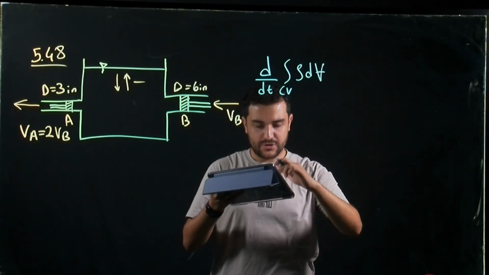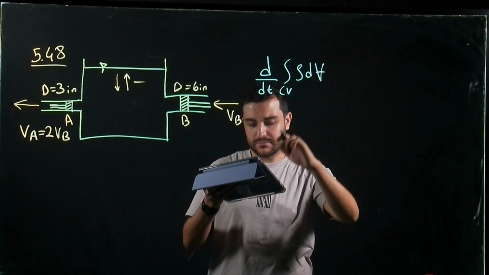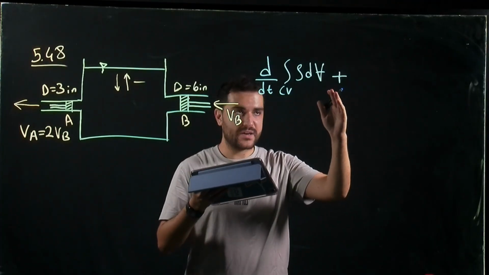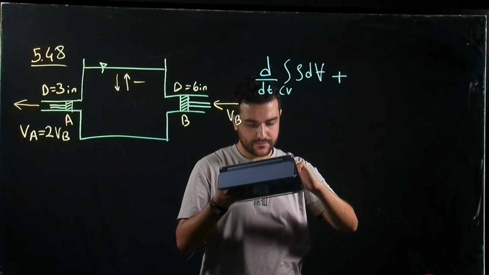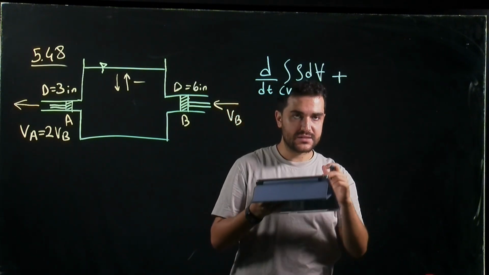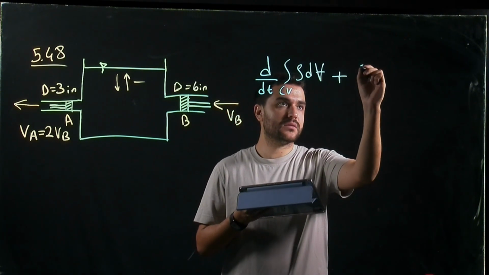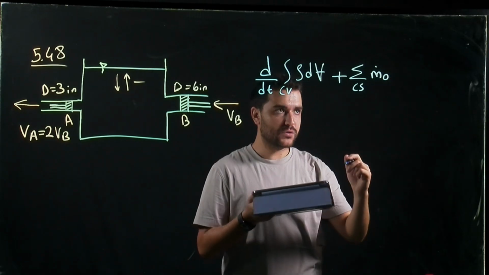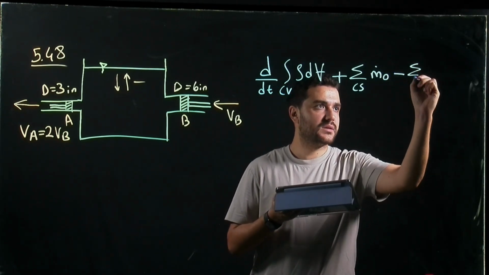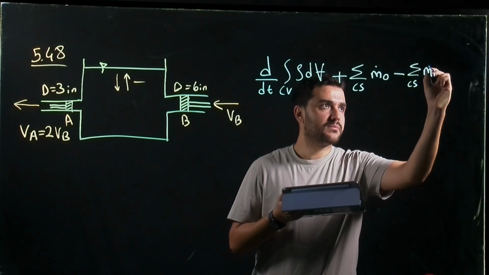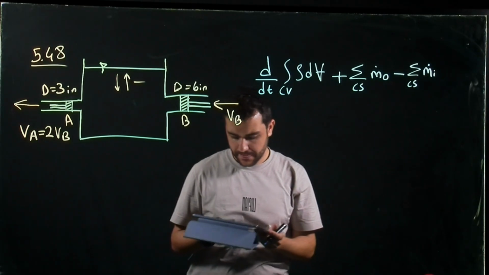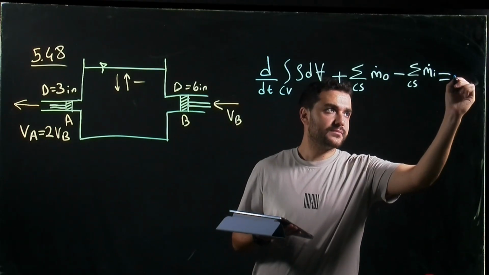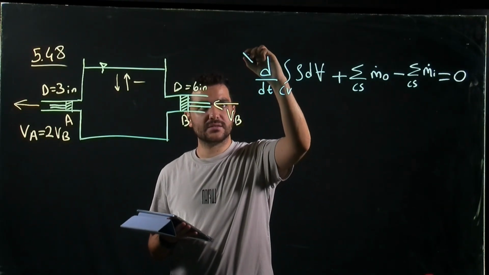So this is the rate of change of B in the control volume, plus as the second term we had net outflow, and I will directly write the change of mass flow rate. So we had out mass flow rate and in mass flow rate. So according to the continuity equation, this is equal to 0.